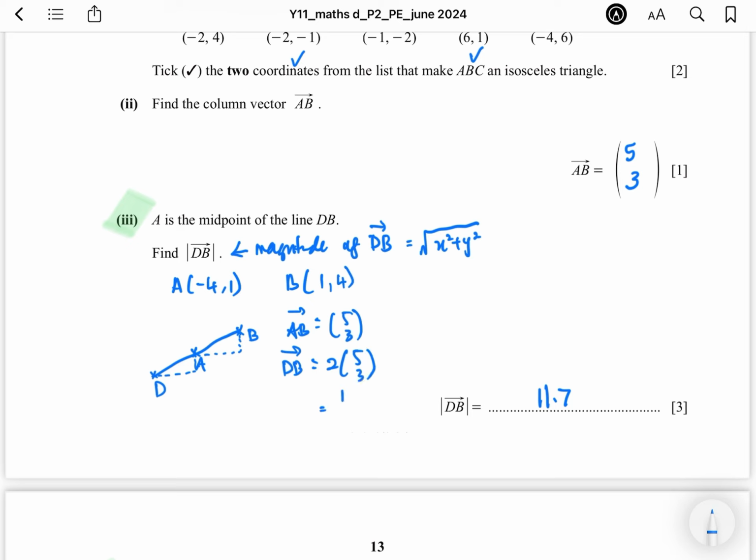That gives you 10, 6. And from there you can find the magnitude. So using a calculator, find the answer, 11.6619. Correct to 3 significant figures, 11.7. Okay, simple as that.